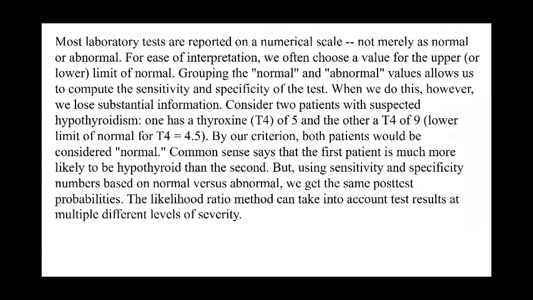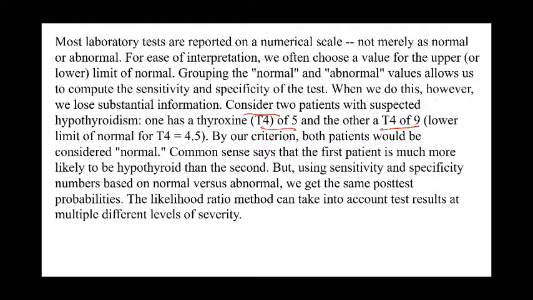Now the second example. A 2 by 2 table is drawn if a test is either positive or negative. However, what if the tests are graded? So we are considering 2 patients with suspected hypothyroidism. One has a T4 value of 5, the other has a T4 value of 9.